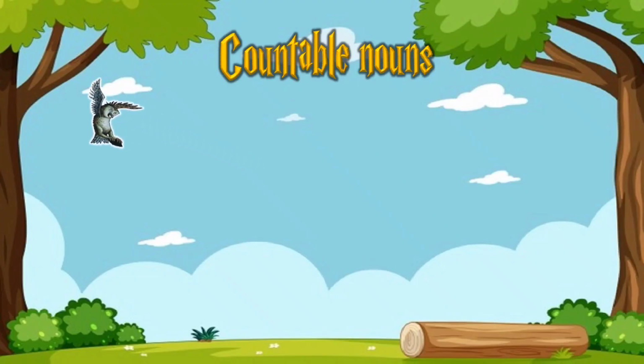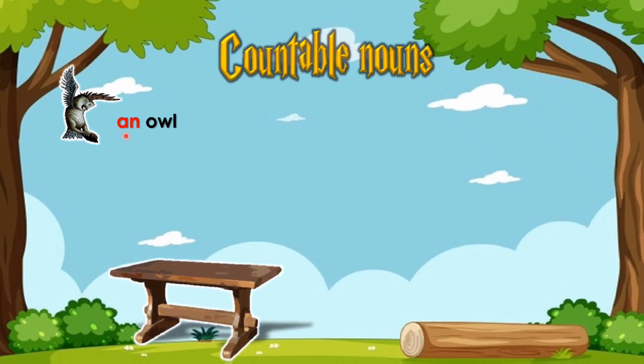Okay, how about countable noun examples? Let's have this one. We have an owl. This owl starts with a vowel sound, so we are going to use an.